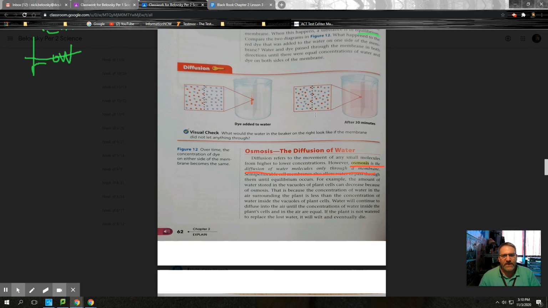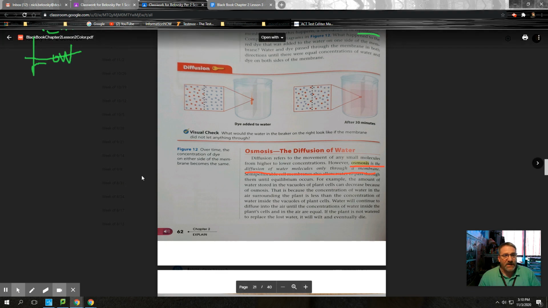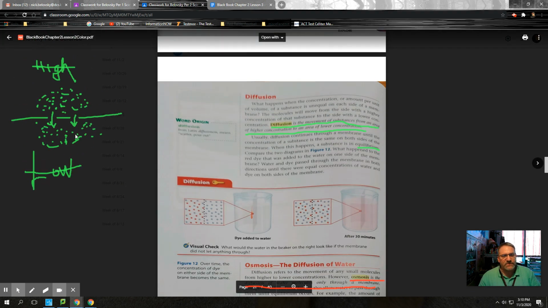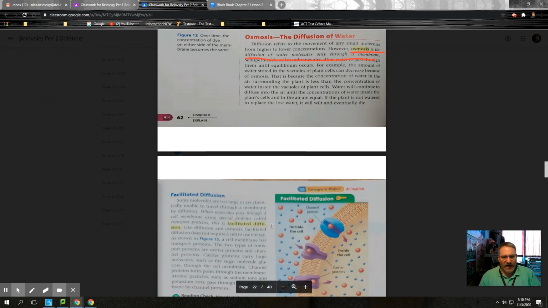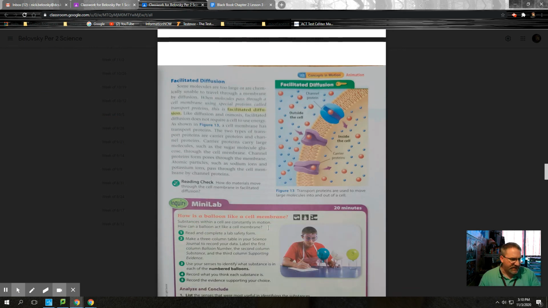So good example of diffusion. Osmosis, though, is when water makes its way into a membrane. So same thing that you see here, except just water moving into a cellular membrane.